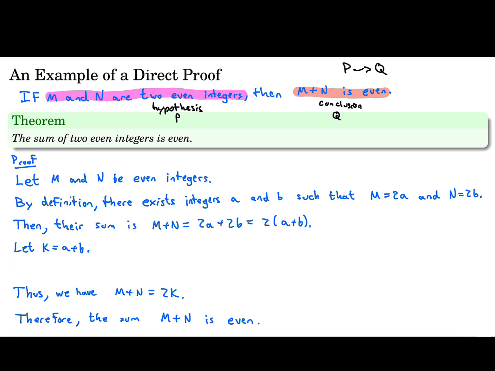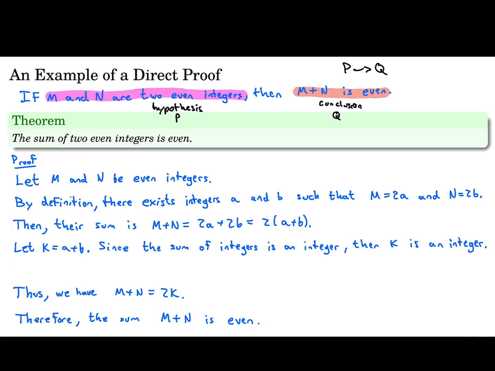Now we need to be careful here, because in the definition of even, we need K to be an integer. So we need to argue that since the sum of integers is an integer, then K is an integer.